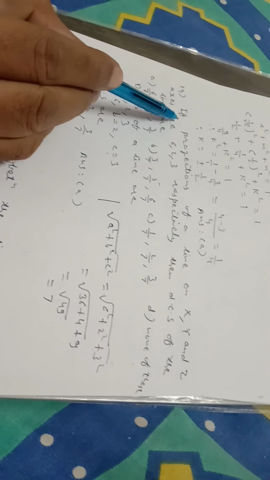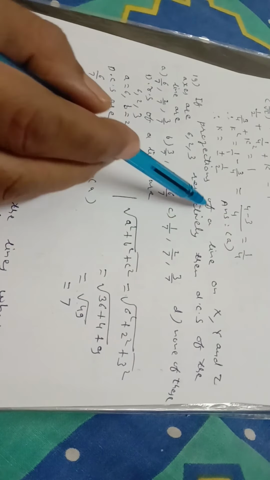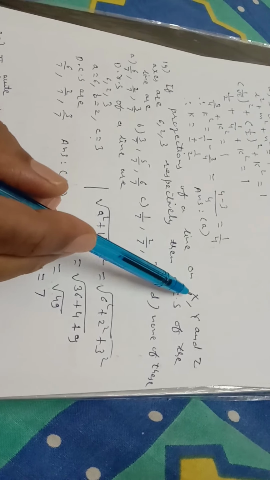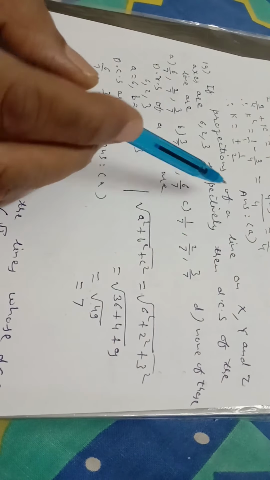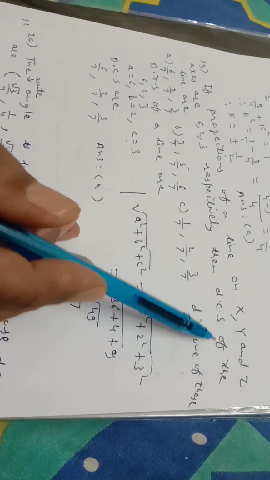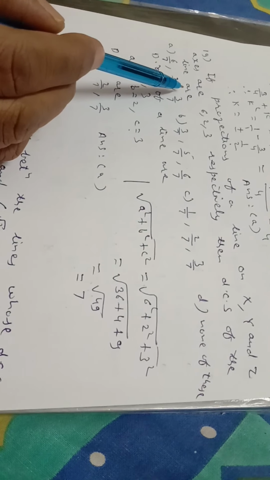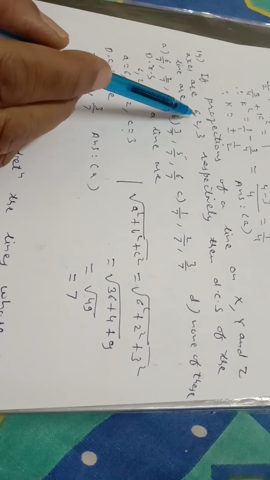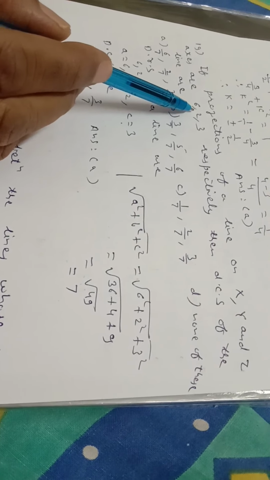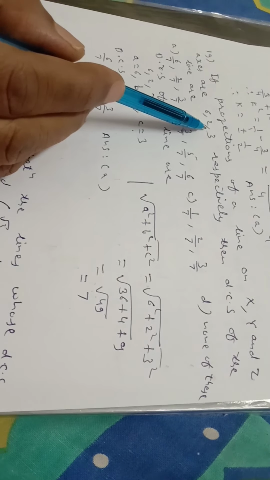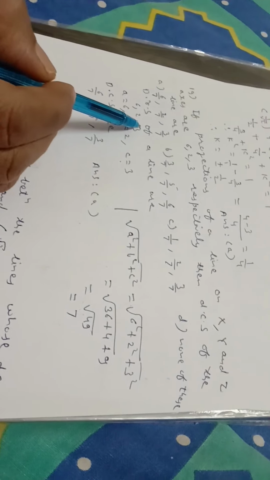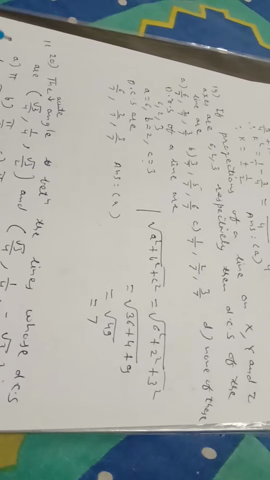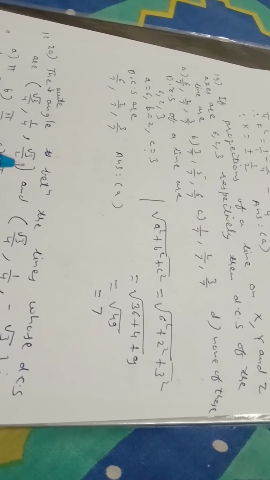Next question. If the projections of a line on the x, y and z axis are 6, 2, 3 respectively, then the direction cosines of the line are. Now projections of a line on the coordinate axes are nothing but direction ratios. So these are the direction ratios of the line, and we have to find the direction cosines.